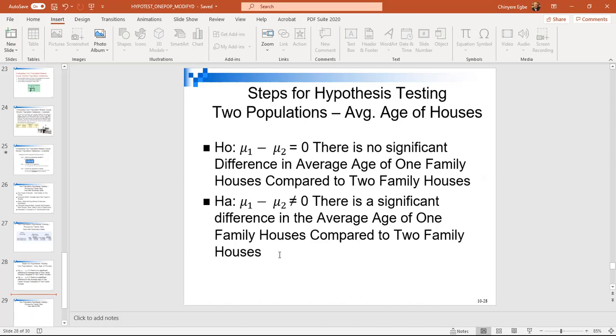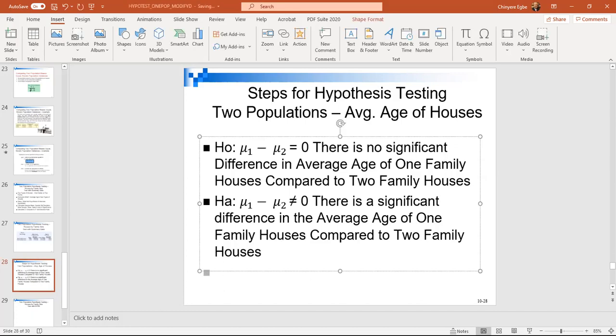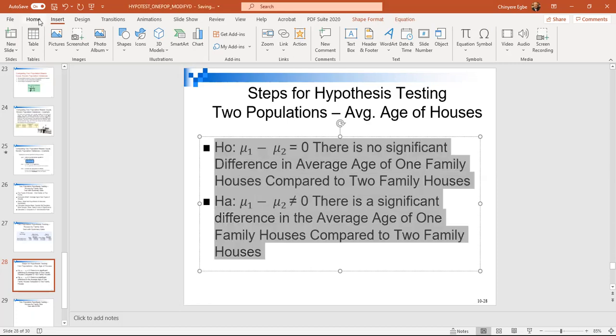then you can choose the level of significance. And I'm going to choose it here so that maybe we can see it all at once.